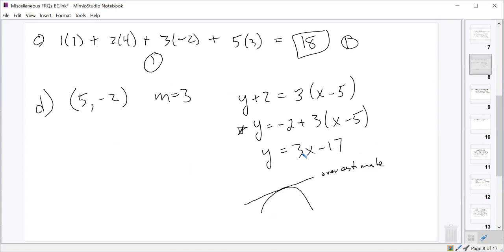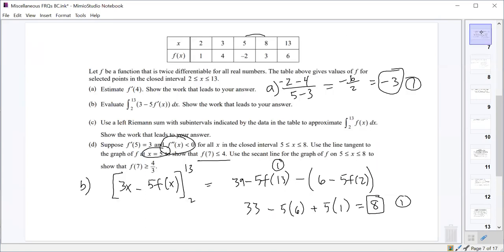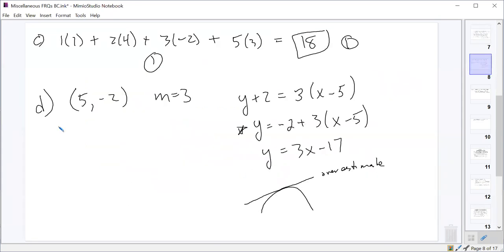So if we were to approximate the value at 7 using our tangent line approximation, y of 7 should be 4, and therefore f of 7 must be less than 4 because it's concave down.